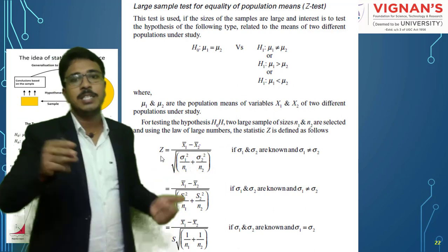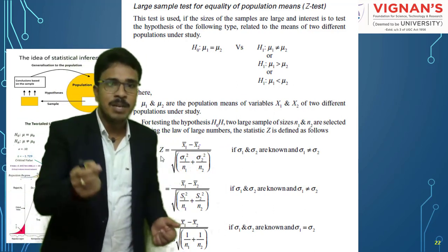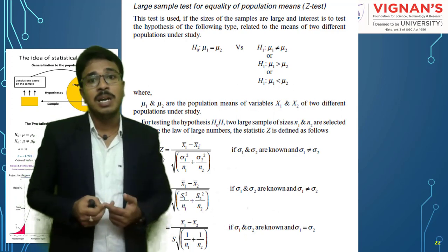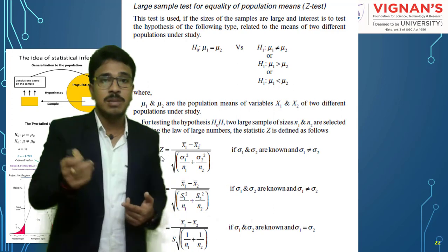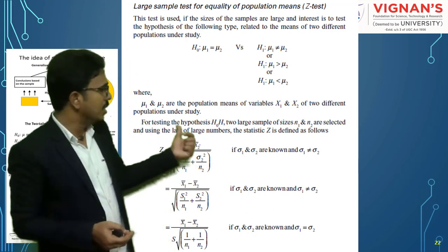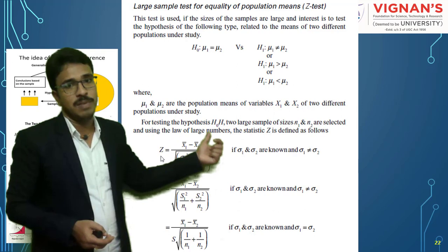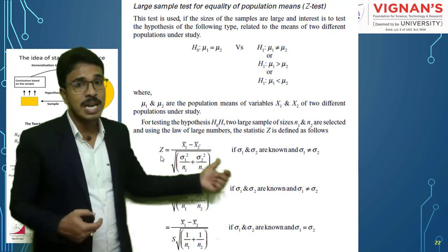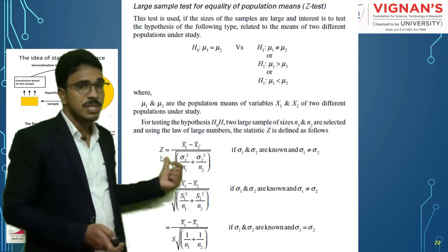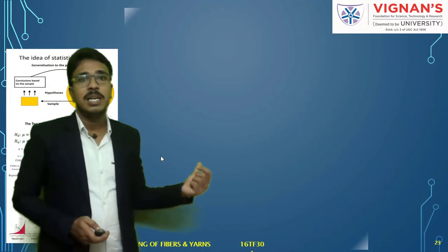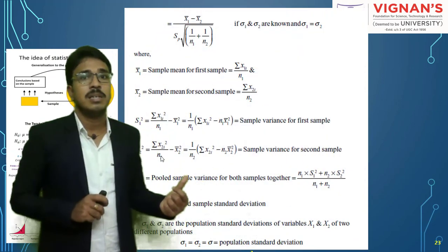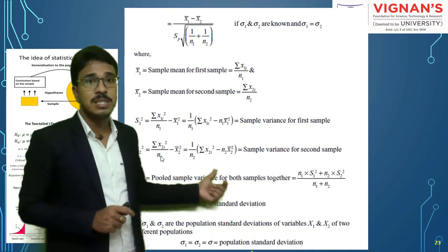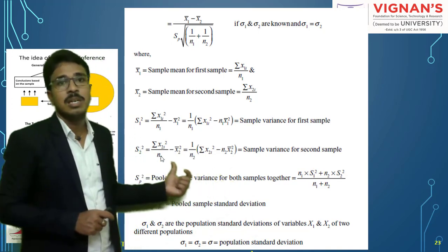Likewise, you can see the different conditions. If sigma 1 and sigma 2 are unknown and not equal, again we can use s1 square and s2 square. The third criterion is where both the standard deviations are the same; then you have to use the pooled formula.